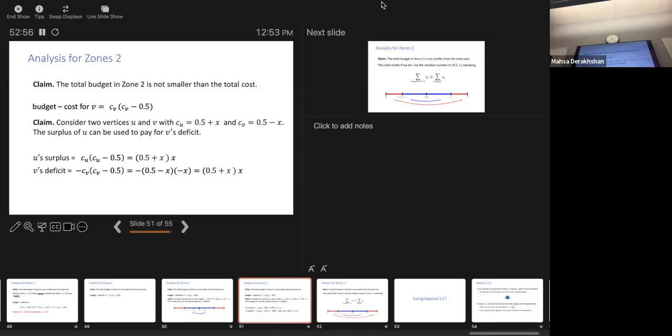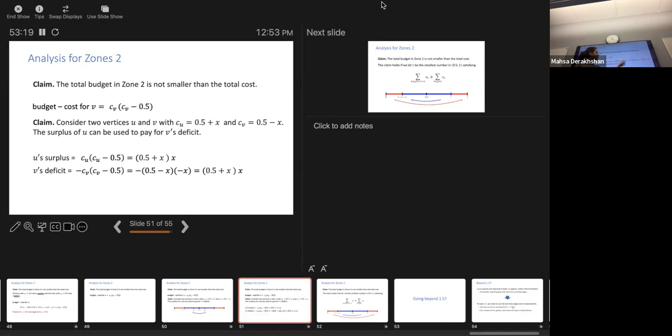So now we are interested in showing that we have enough mass of vertices. The point here is that we were able to pay this deficit with U's surplus, right? But they don't have to be exactly like this.